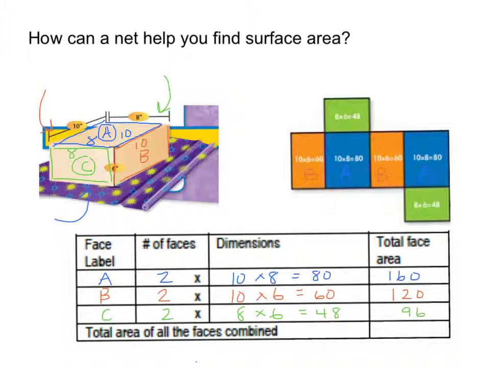Then to find my total area, I simply need to add all of those together. When I add them all together, I get 376.